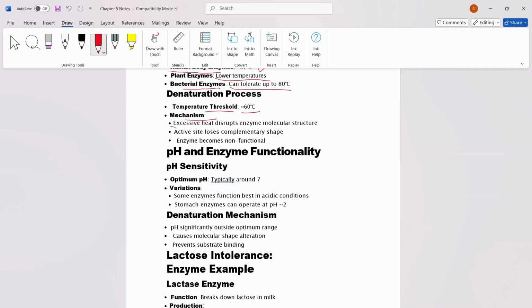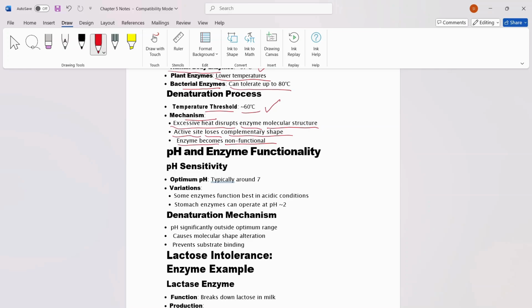Mechanism: excessive heat disrupts the enzyme's molecular structure. The active site loses its complementary shape and the enzyme becomes non-functional. So our threshold of temperature is 60 degrees centigrade, not more.